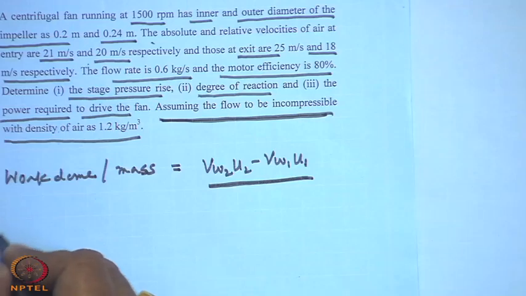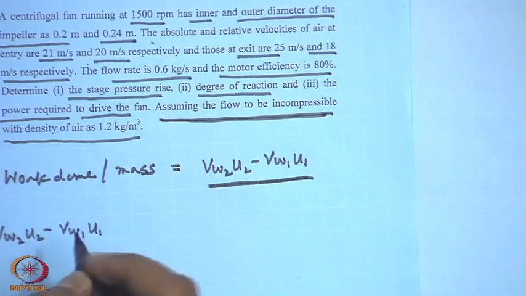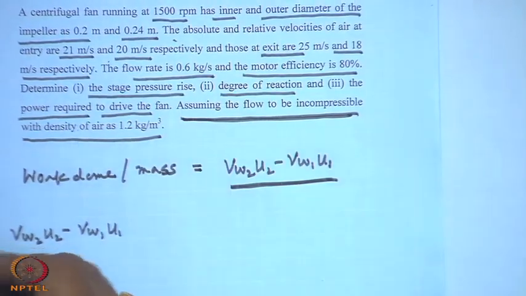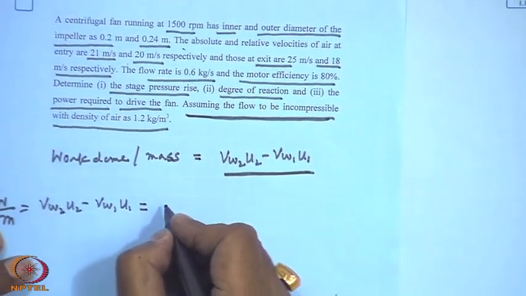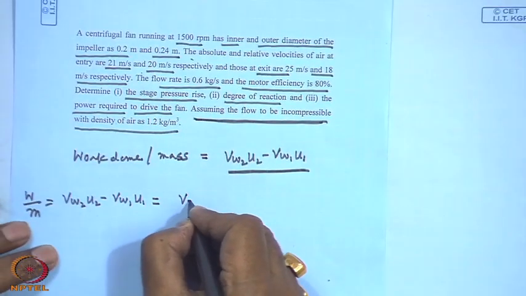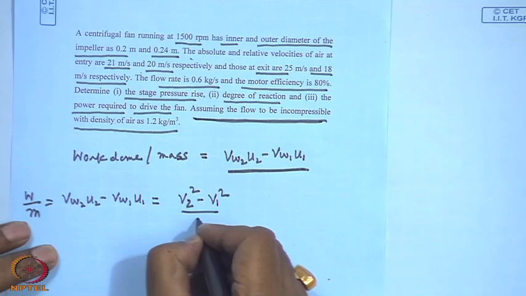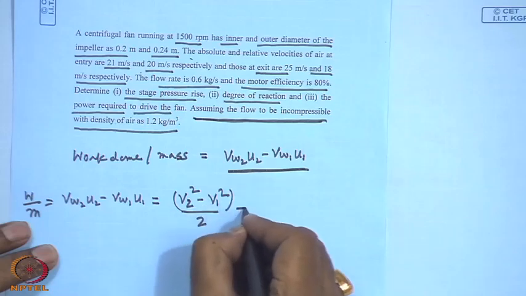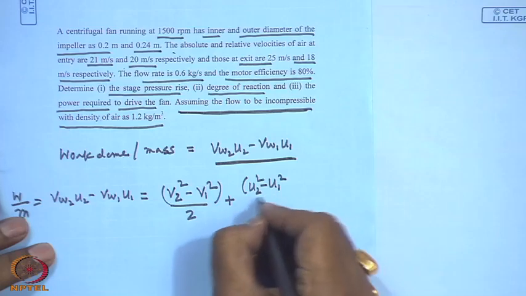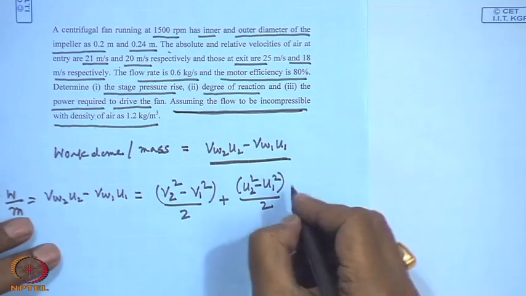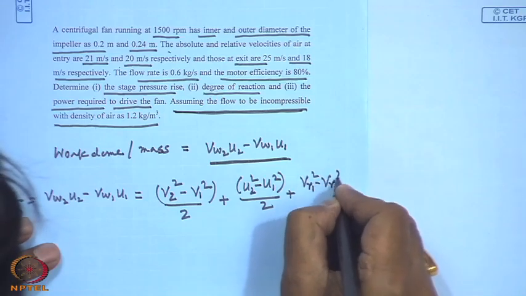If you remember, the work done W by m can be written as different components: V2 square minus V1 square by 2, plus U2 square minus U1 square by 2, plus VR1 square minus VR2 square by 2.